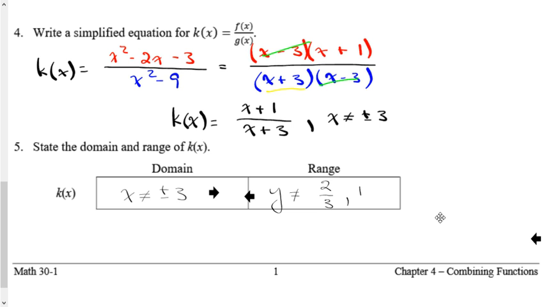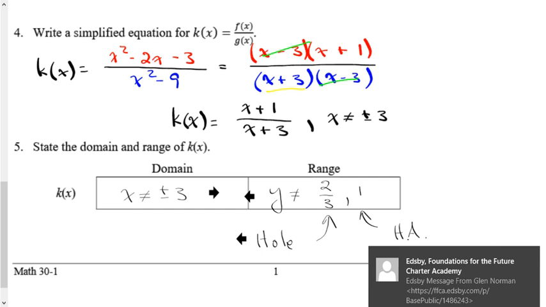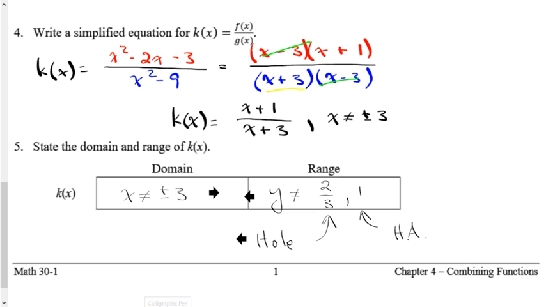And where these are coming from again is I have a hole and I have a horizontal asymptote. So let's talk about the hole first of all. So just to review those ideas that we learned in the previous chapter, chapter 2, here my x value can't equal a +3.